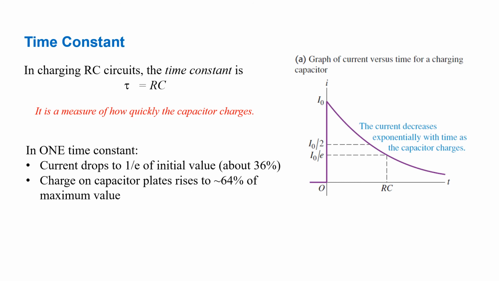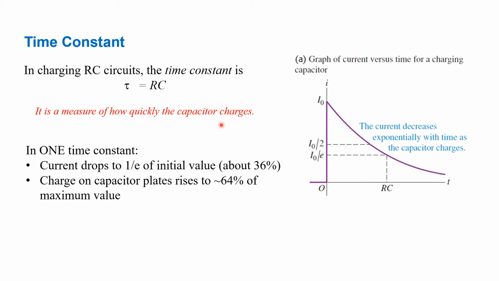You have actually seen earlier in the equations for your charge Q and your I in the RC circuit charging process that you have the specific product of your resistor and your capacitor. In charging circuits, the time constant tau is equal to RC, and tau is a measure of how quickly the capacitor charges.